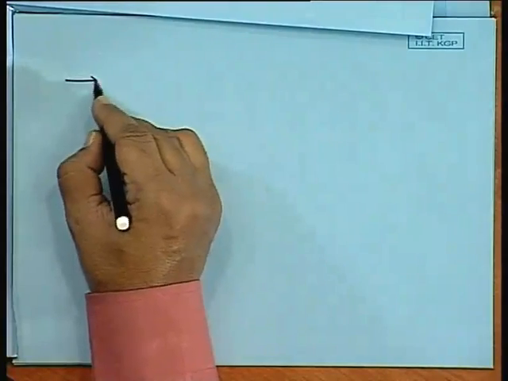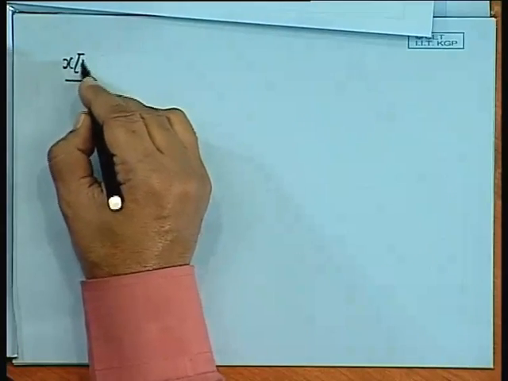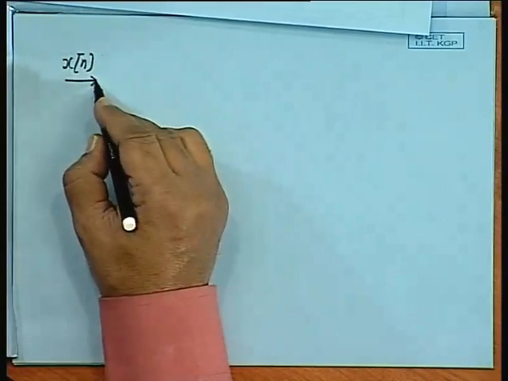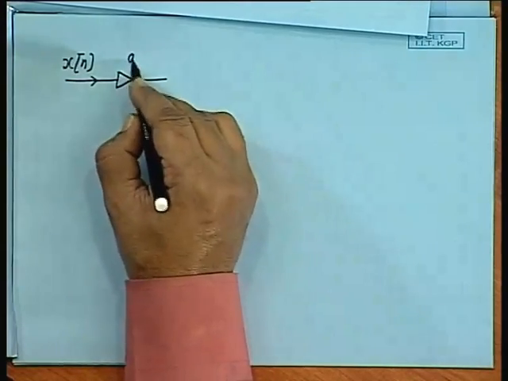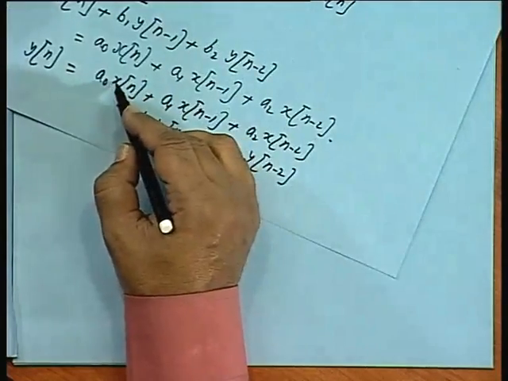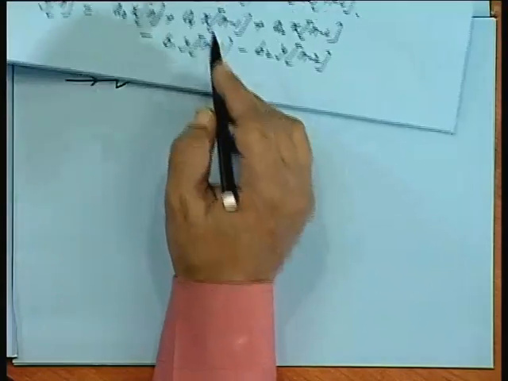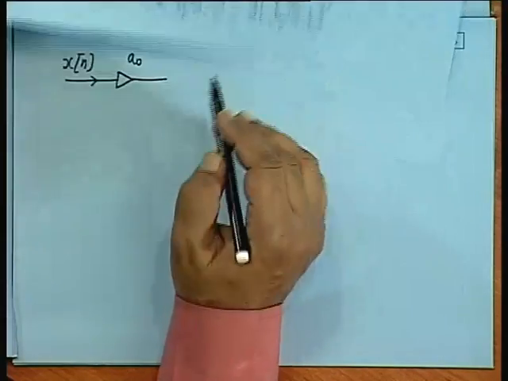a 0 x n, suppose x n is the input, then that gets multiplied by a constant a 0, added with a 1 times one delayed function.